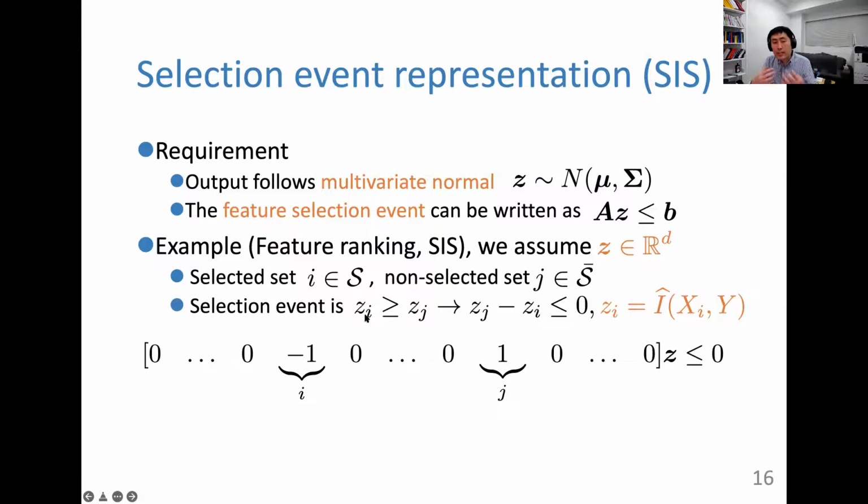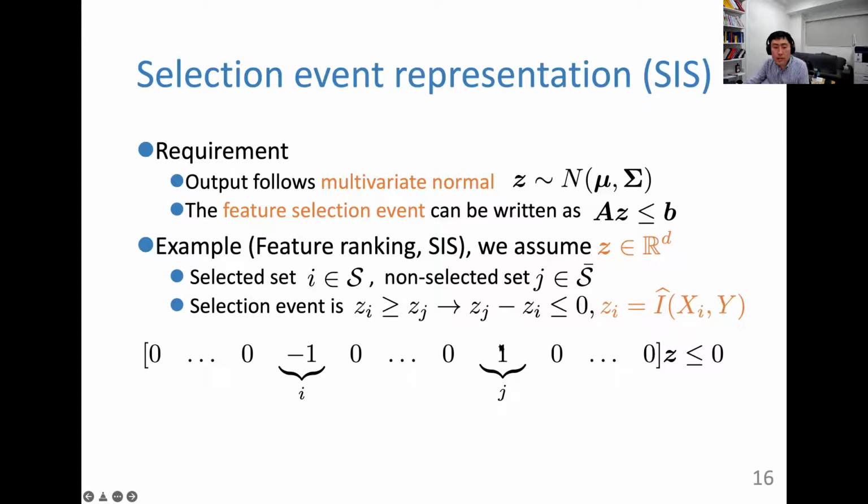Here we assume that a bigger HSIC means the feature is more dependent on the output. This is the selection event. We reformulate it as G_J minus G_I less than or equal to 0 for one pair of I and J.